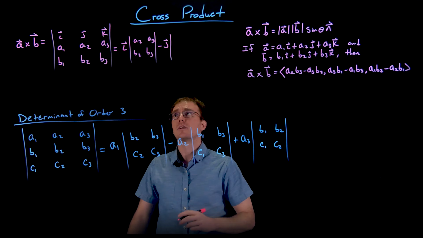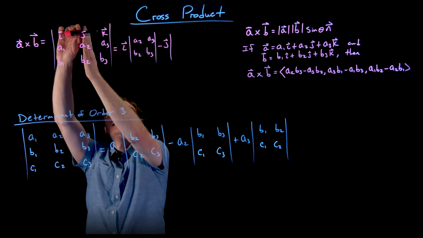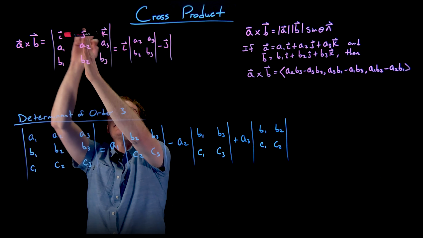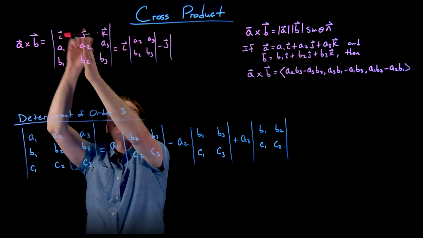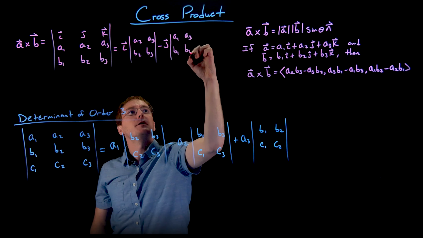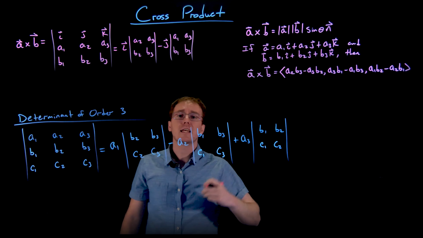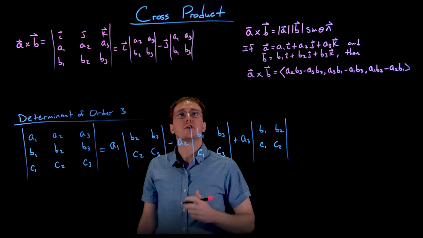What is that one going to look like? Well, we can figure it out by covering up that row and column involving our coefficient piece j, and what's left over is a1, a3, b1, and b3. That finishes off our second order 2 determinant in this breakdown.